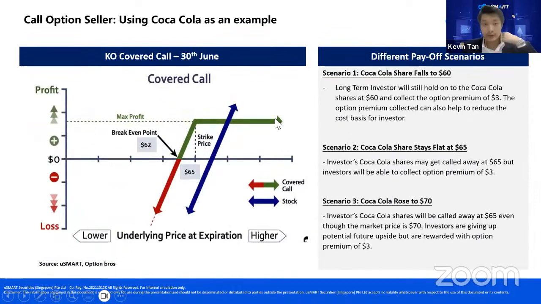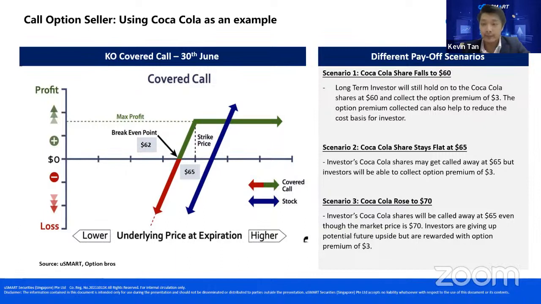So I would like to introduce to you one of the option strategies. We call it the covered call strategy. Covered call strategy essentially is a mix of two things. Firstly, you have to own the underlying share, which is Coca-Cola, and then you sell a call option on Coca-Cola.